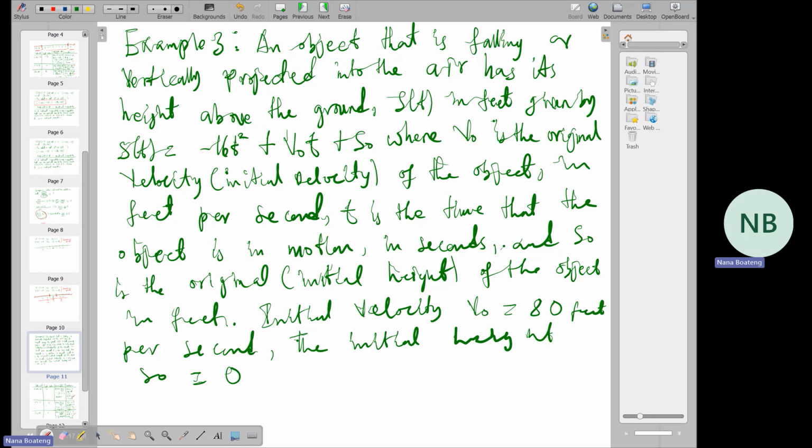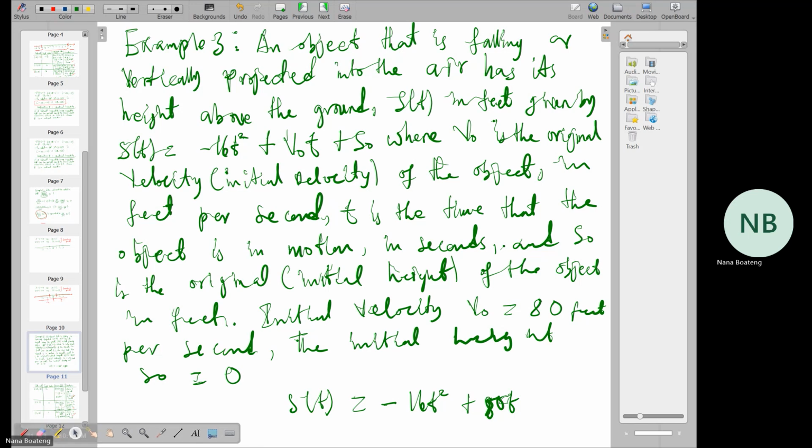Okay, so that means our function s(t) becomes negative 16t squared plus 80t, and s of 0 is 0.